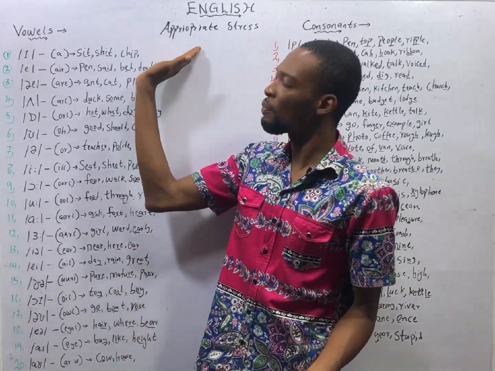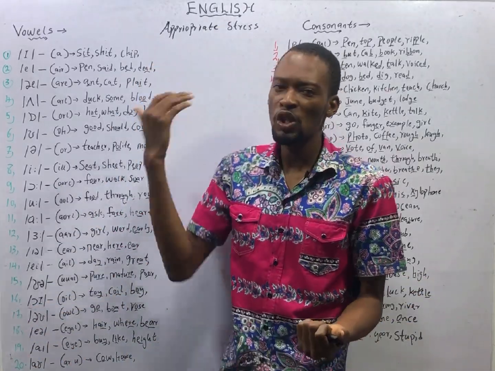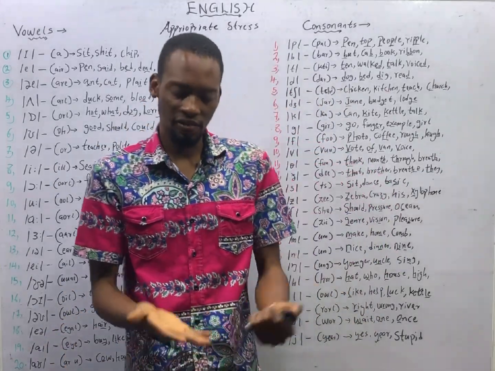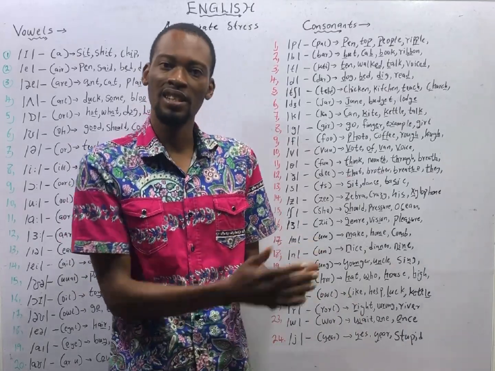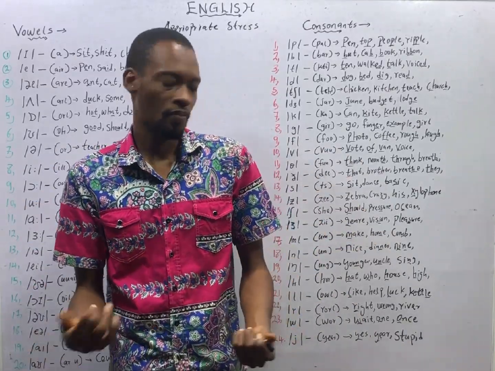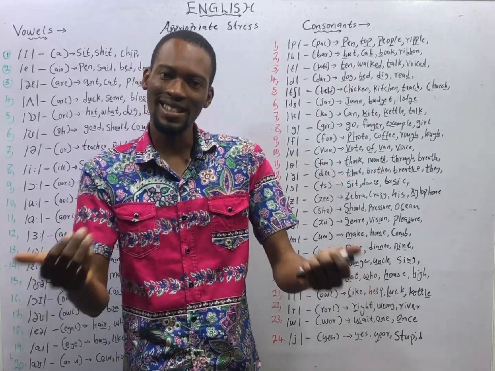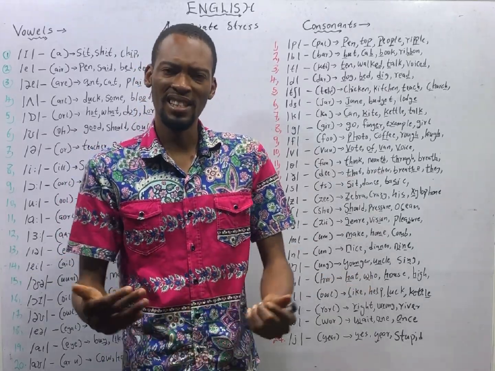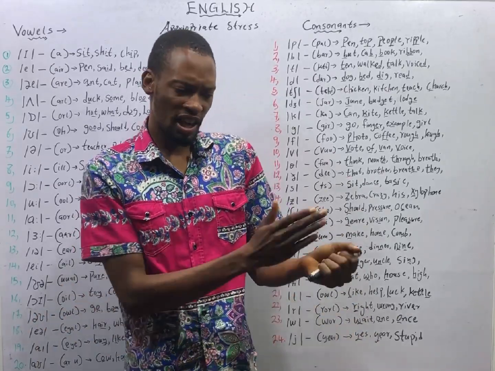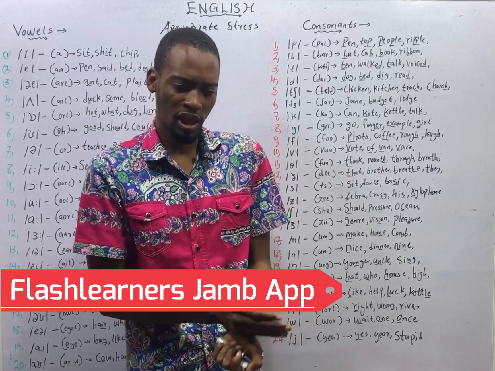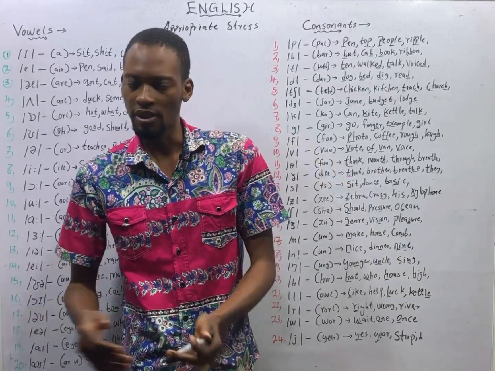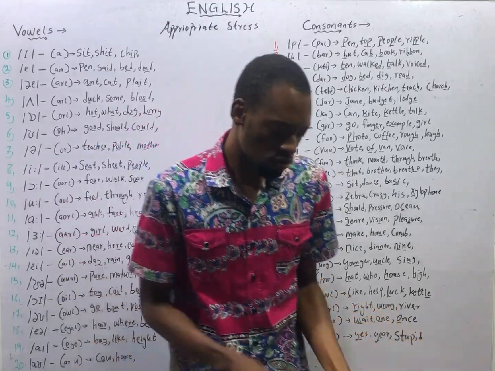You can also be given a group of words and asked for the one that is stressed in the first syllable, or the second syllable, or the third syllable. You can also be given words and asked to look for the one that has a different stress pattern. So when you observe, you check, okay, this one has it on the first, this one has it on the first, this one has it on the first, this one has it on the second syllable. So therefore, this one is not correct. So that is generally the rule.